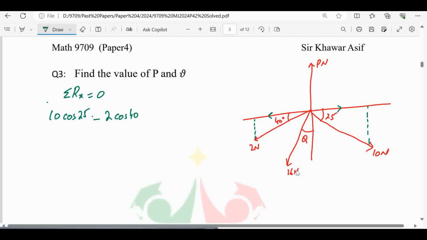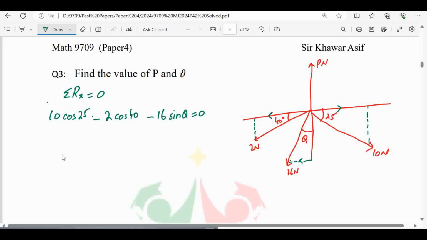Then we have this component, which should be negative, but be very careful about the angle. This will be minus 16, and this will be its perpendicular side, so sine theta is equal to 0.